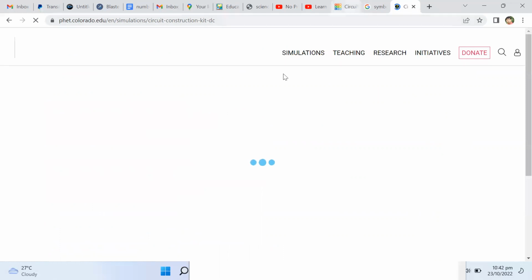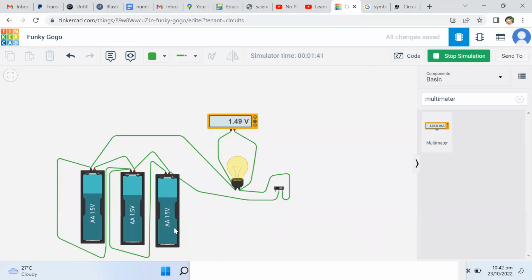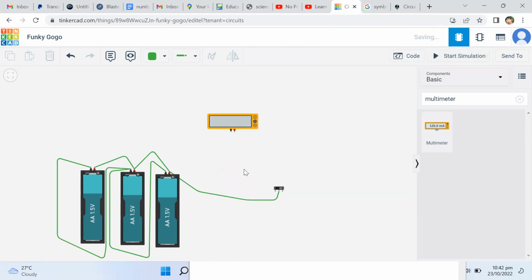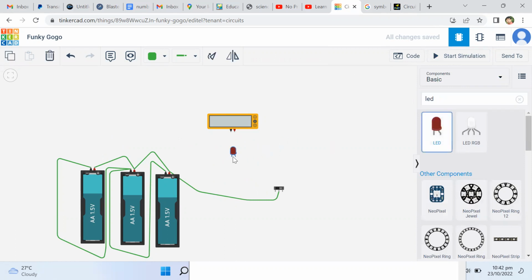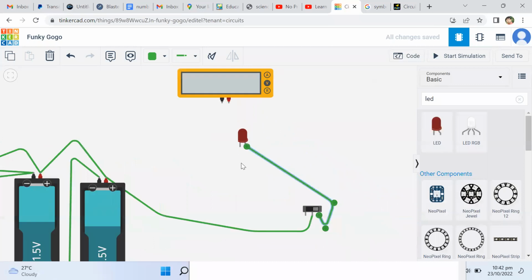Or you can use LEDs, light emitting diodes, here. This is when you're connecting batteries parallelly, right? If you connect an LED here, light emitting diode to this anode, and let's connect the cathode to the cathode.